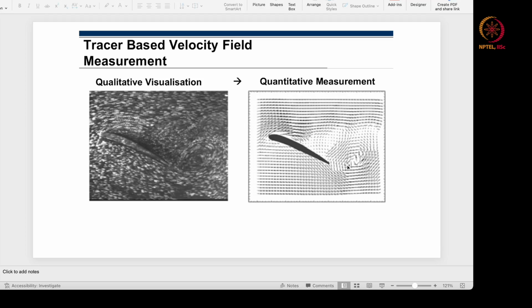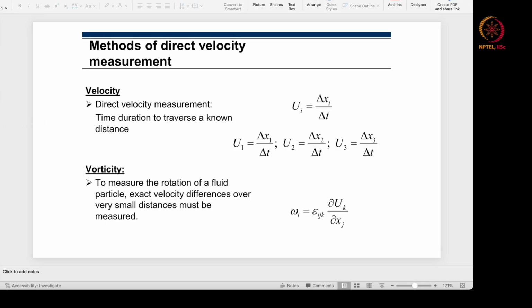So this can be done using, say, PIV, where we actually try to get what these velocity vectors would look like, what their magnitude and direction will be, and also derive quantities like vorticity. So this is a tracer-based velocity measurement, extremely high throughput, and this is what we are going to cover in the PIV.